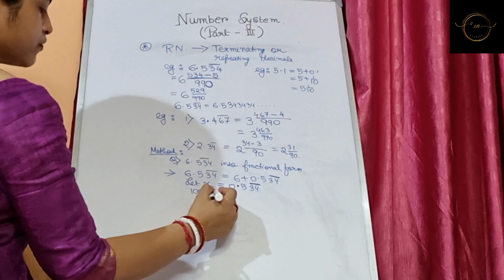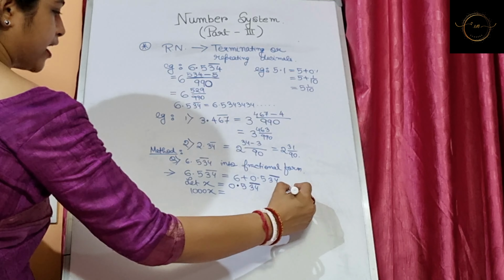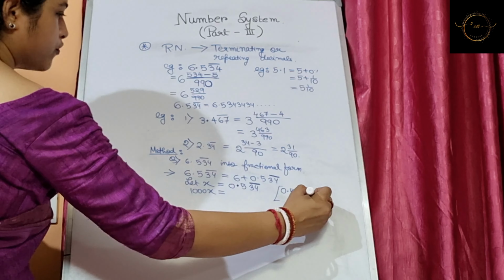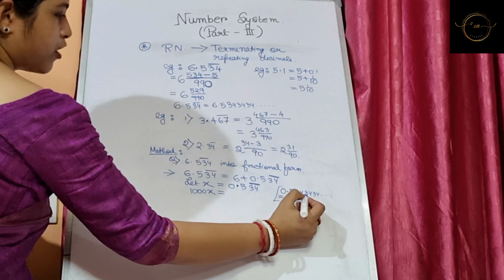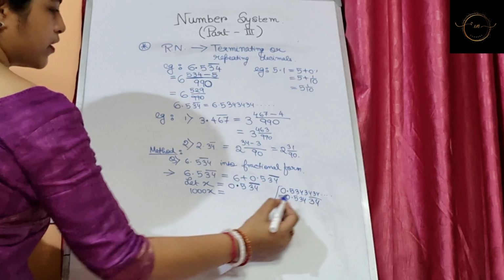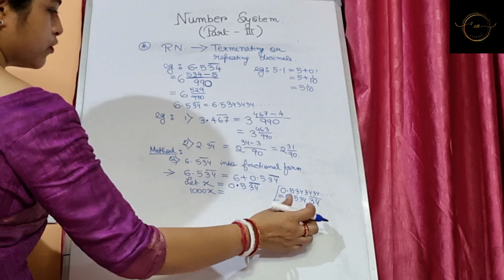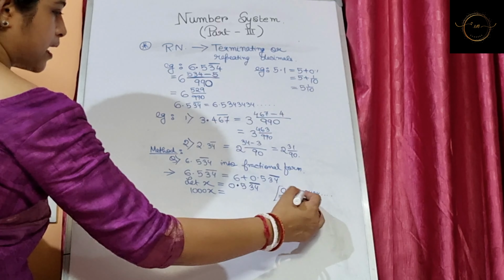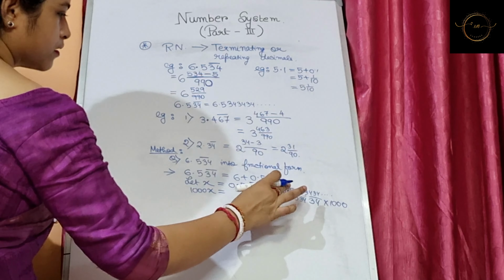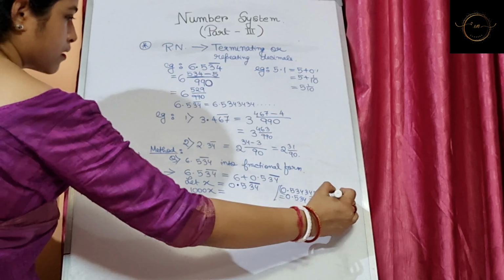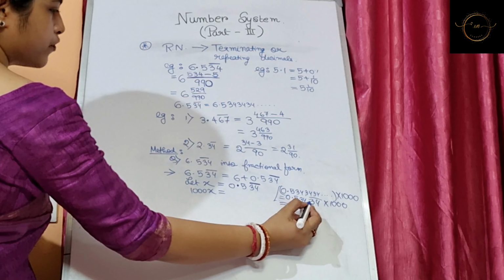Now if you are multiplying this with 1000, how much will you get? Look over here. This number I can write as 0.5343434... This is 0.534 and from here to the last we can write 34 bar. Now if you multiply the number with 1000, after the decimal point how many numbers are there? 1, 2, 3, 4, 5.